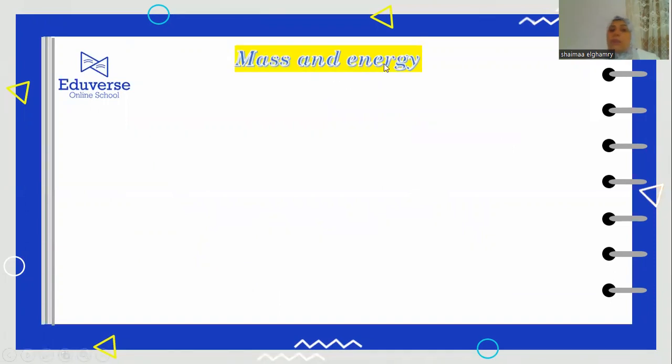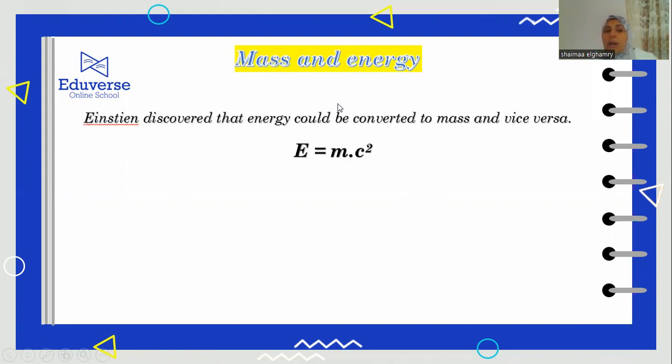The relation between mass and energy. Einstein said that any decrease in mass or any defect in mass is converted to energy, according to what? Einstein's equation. Einstein's equation says that energy equals mass times the constant squared. In this equation, energy is represented in joules. Its unit is what? Joule. And mass is represented in kilograms.